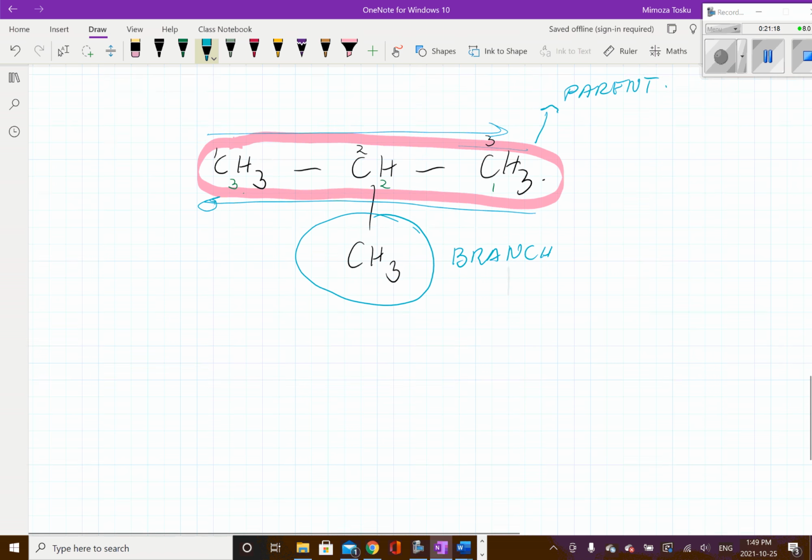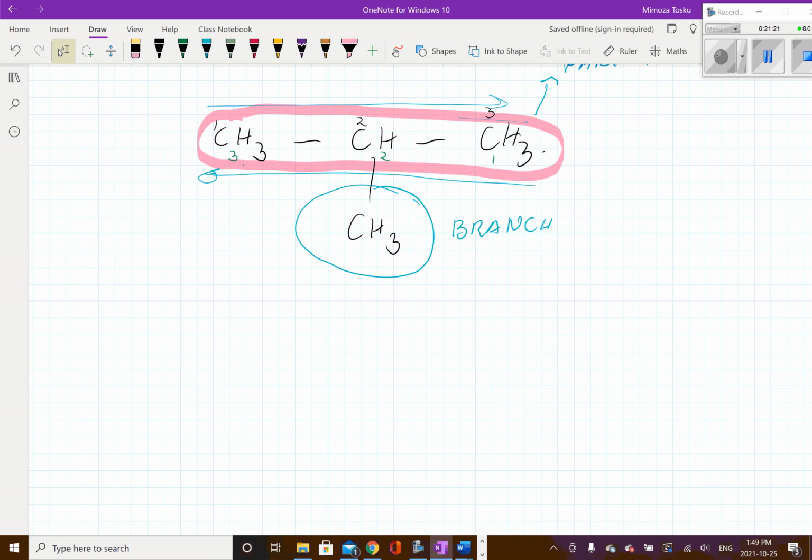Now, the name of this branched isomer of alkane will be the place in which the branch is at: 2, no comma, there is only one. The branch is with one carbon. One carbon has a stem prefix of meth. So meth, to identify that it is a branch, we add YL.